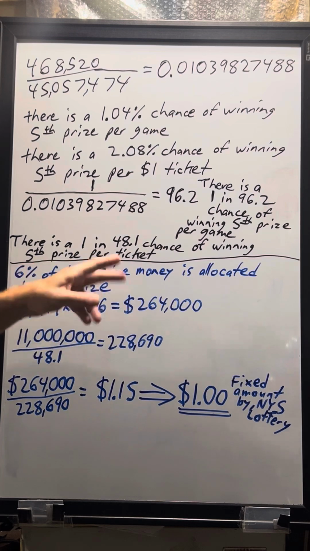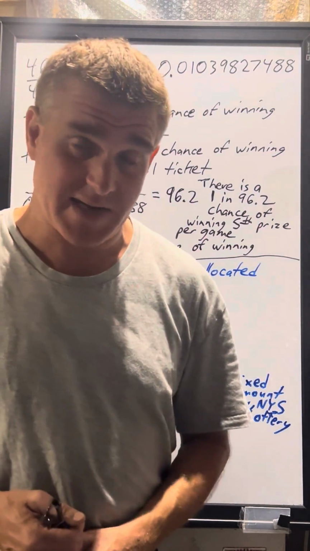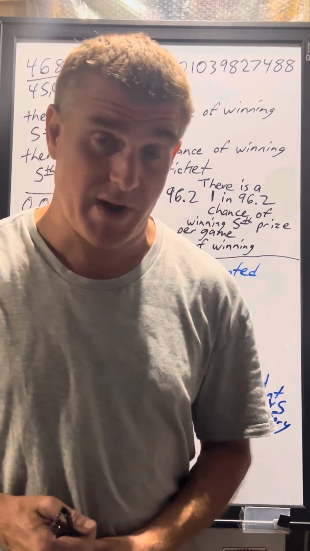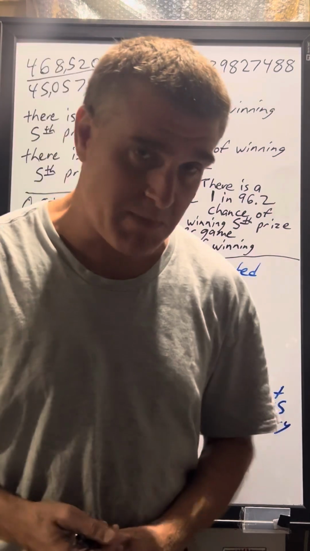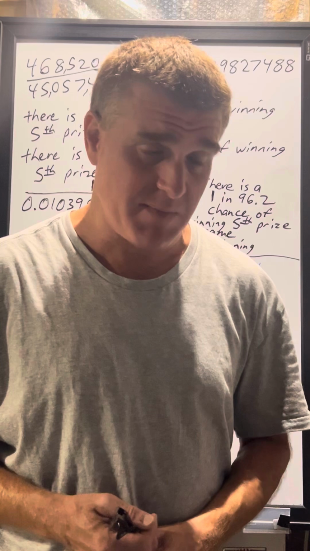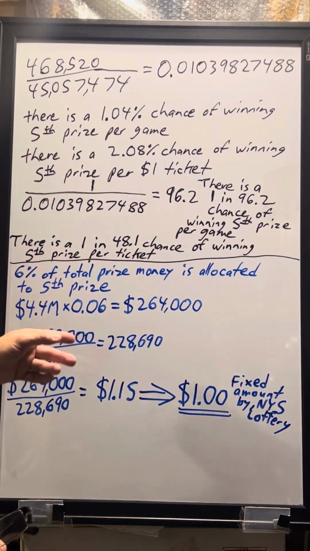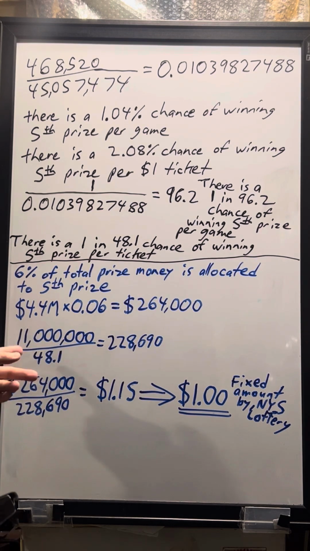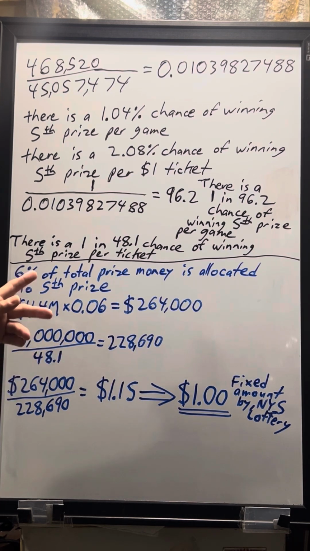Since the odds of winning 5th prize per ticket are 1 in 48.1, and there's 11 million tickets in play, 22 million games total, you would divide 11 million, the number of tickets sold, because they're $1 each, $11 million in sales, by the odds of winning, 1 in how many are going to win 5th prize.